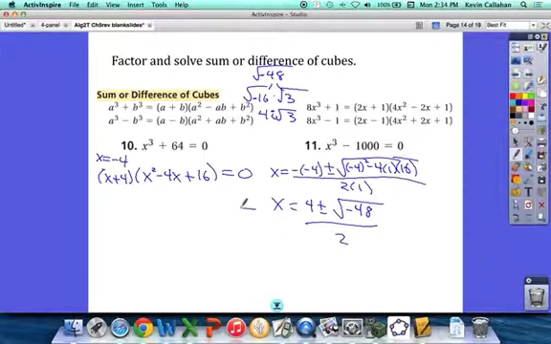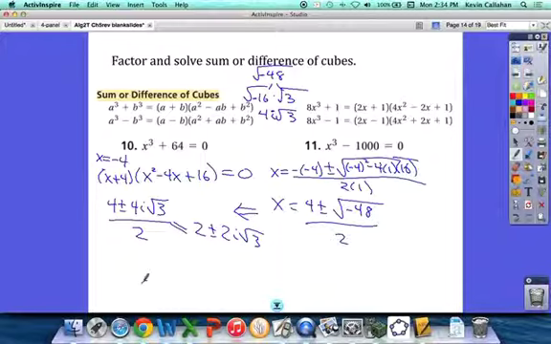Right, so this is 4 plus or minus 4i times the square root of 3 over 2, which is 2 plus or minus 2i root 3 over 3. So mainly, you're going to have to just try to remember the formulas. Figure out a way to remember them.